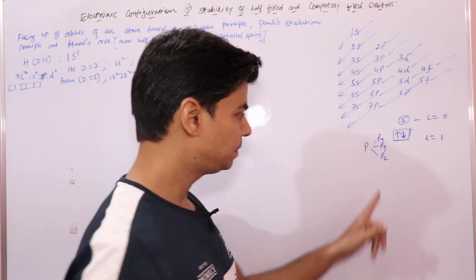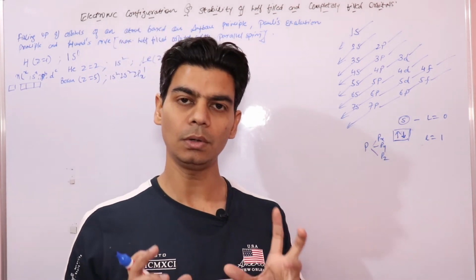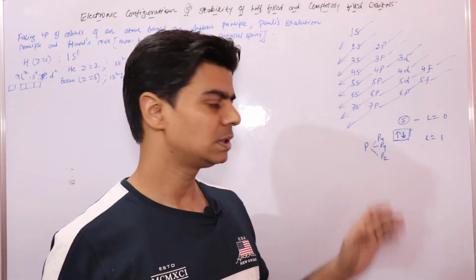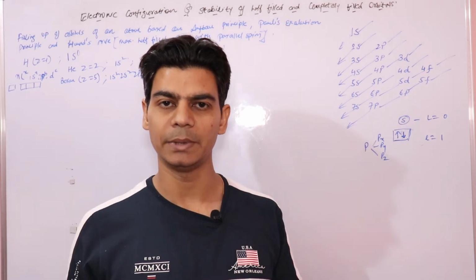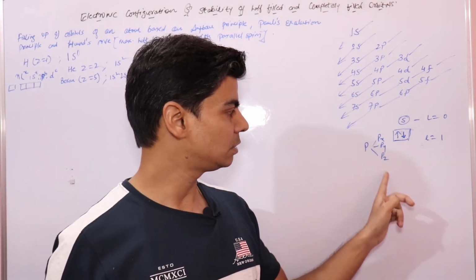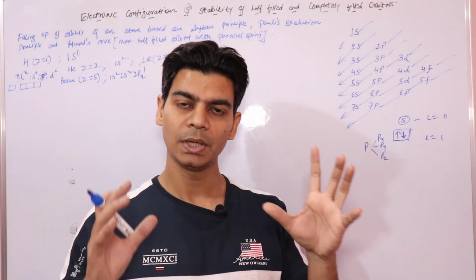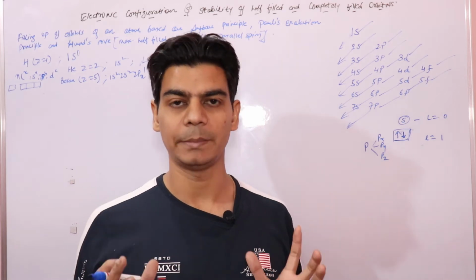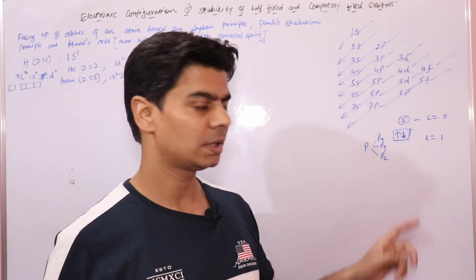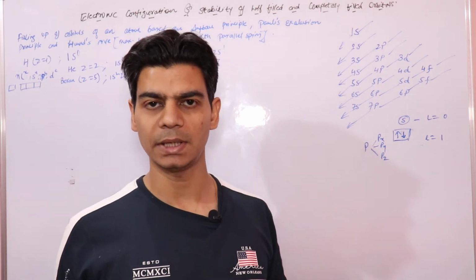So what are these px, py, pz? These are the orientations of the p subshell in different directions, in 3 dimensions, along the x-axis, y-axis and z-axis.